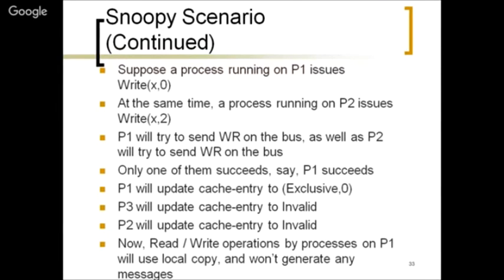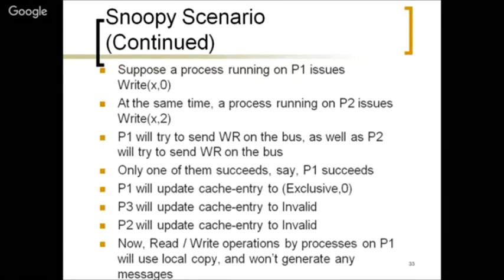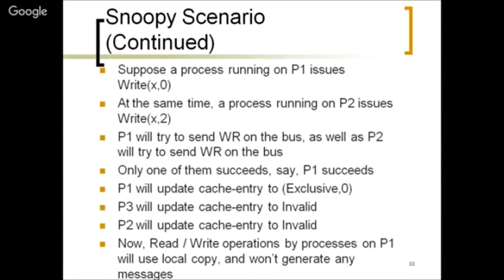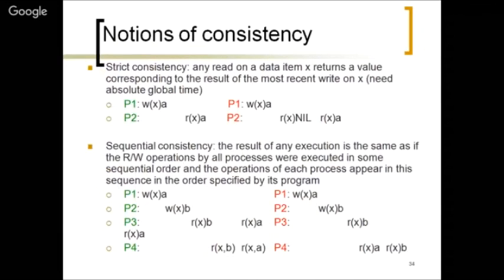Once the write is complete, P3 must invalidate whatever copy it has, because the contents have changed to 0. Then in the next step it has to issue the read, then get the value response, and accordingly its value is updated. So this is about the Snoopy protocol.